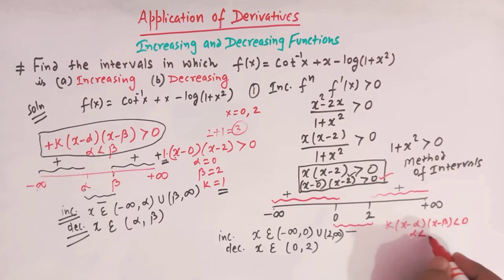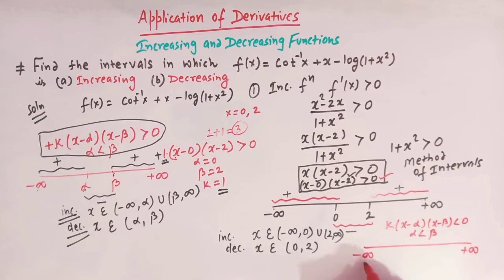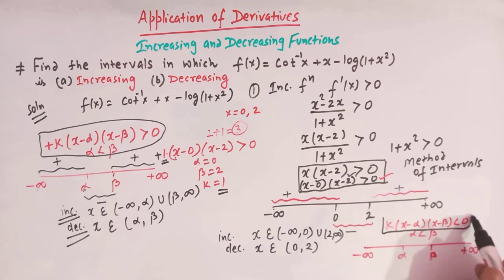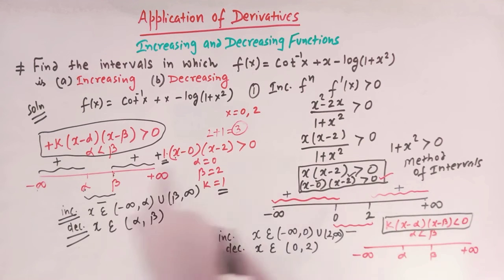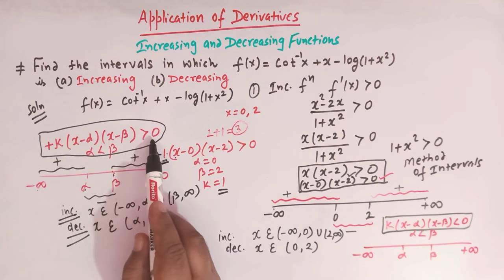Here alpha is less than beta, and we draw the real number line, with minus infinity to plus infinity, and here we have alpha and here we have beta. Because here we have less than 0, in that case it is different from greater than 0.